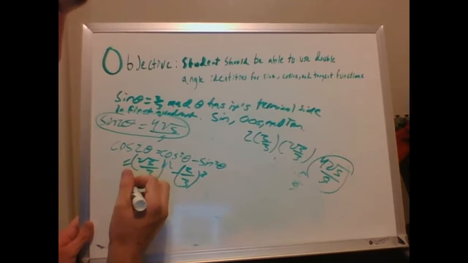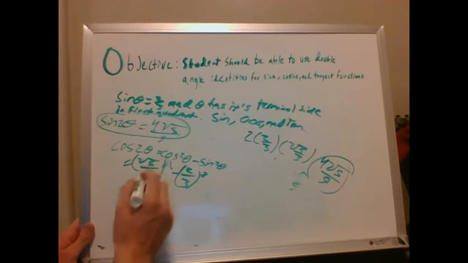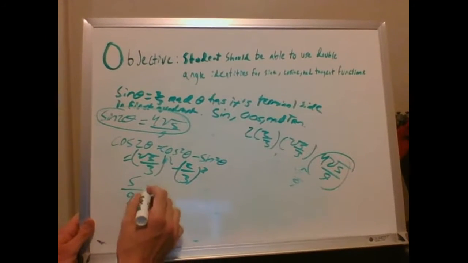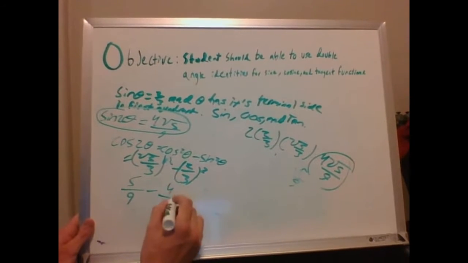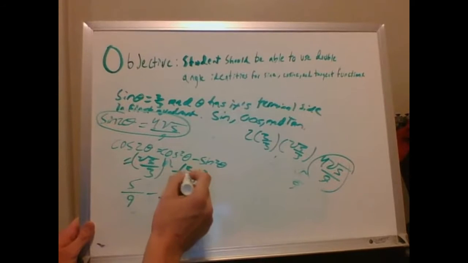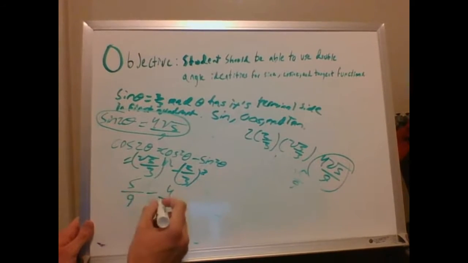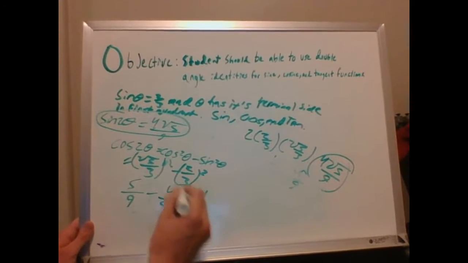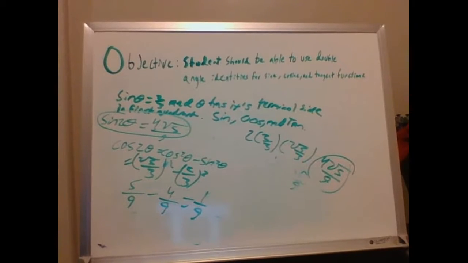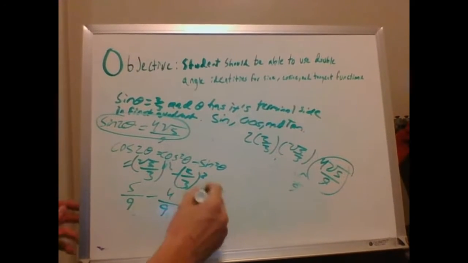These squares will cancel, so we'll have 5/9 minus 4/9, because 2 squared is 4, 3 squared is 9. And then here, these cancel, 3 squared is 9. So 5/9 minus 4/9 equals 1/9. And that'll be our answer for cosine 2 theta. So cosine 2 theta equals 1/9.